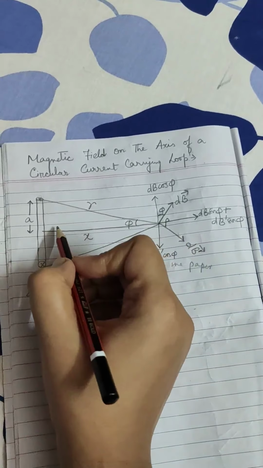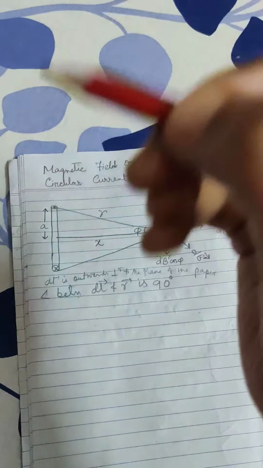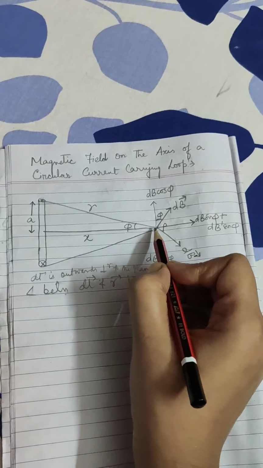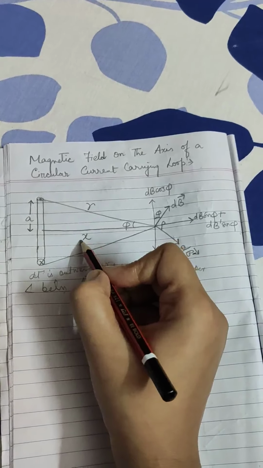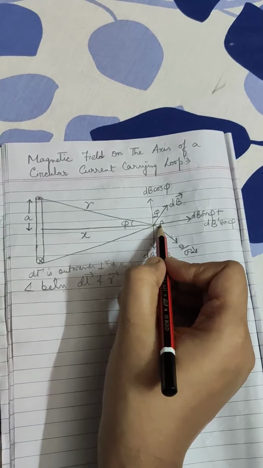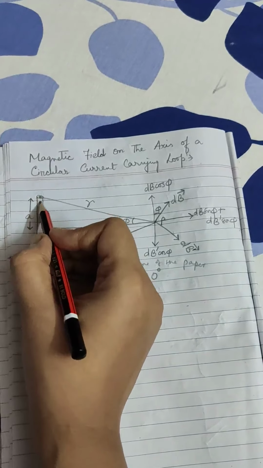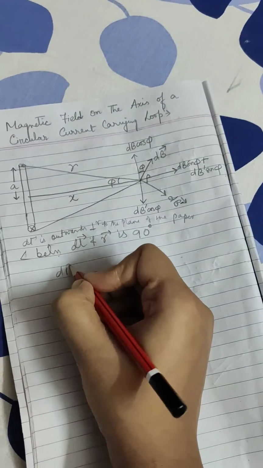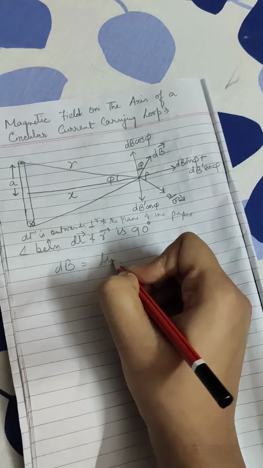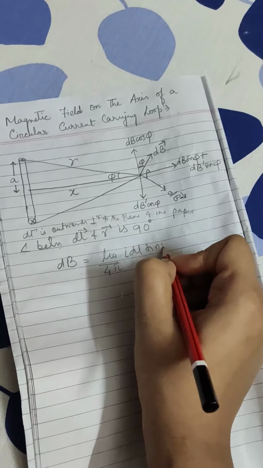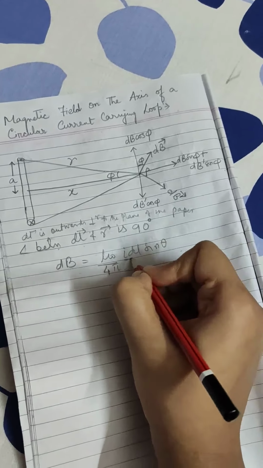Now, this circular coil is of radius a, and the point P is at a distance x from the center of the coil. We have to find the magnetic field at the point P due to this current element dl. So dB is given by the Biot-Savart law: mu naught by 4 pi, I dl sine theta by r square.